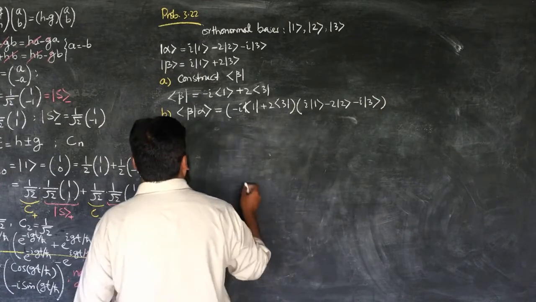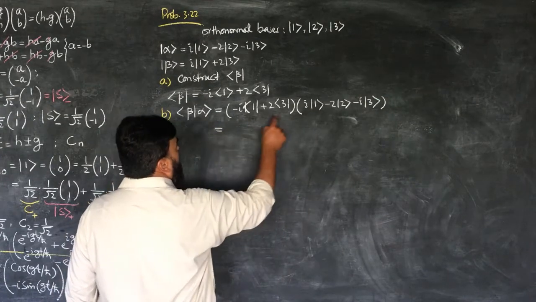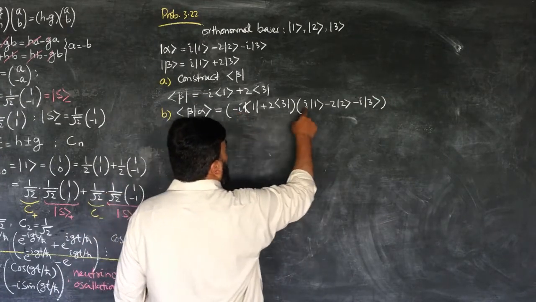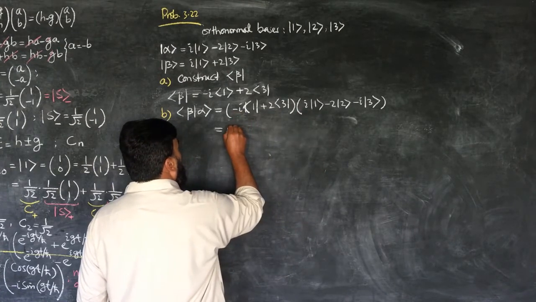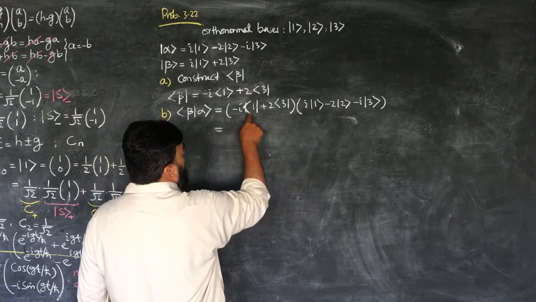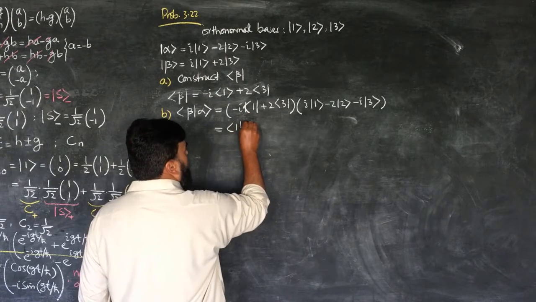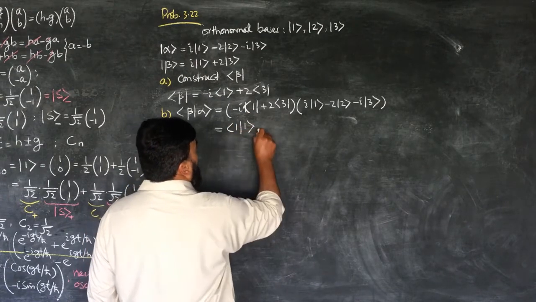So I will have to multiply these. So i will multiply with i, and it will become minus 1, so minus minus plus 1, and this one will multiply with that <1|1>.